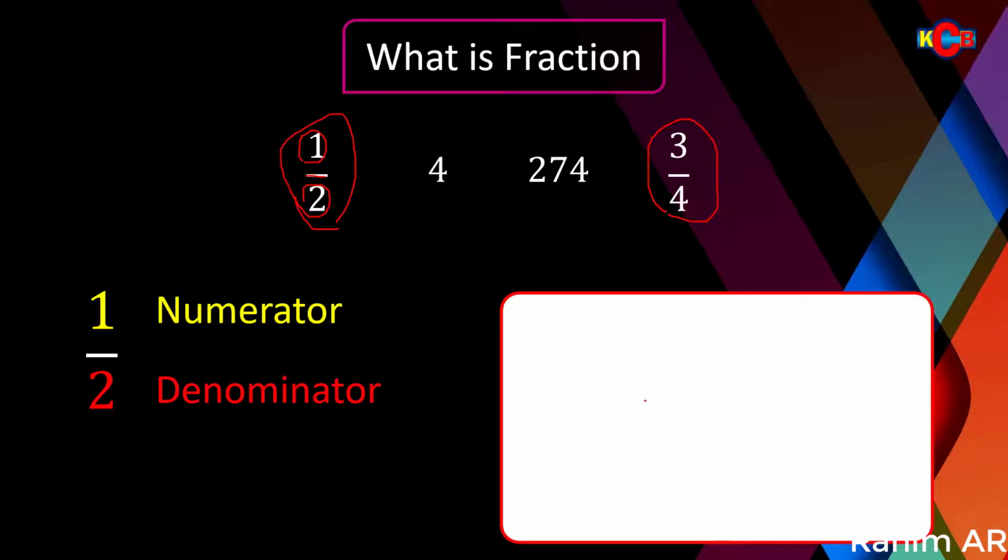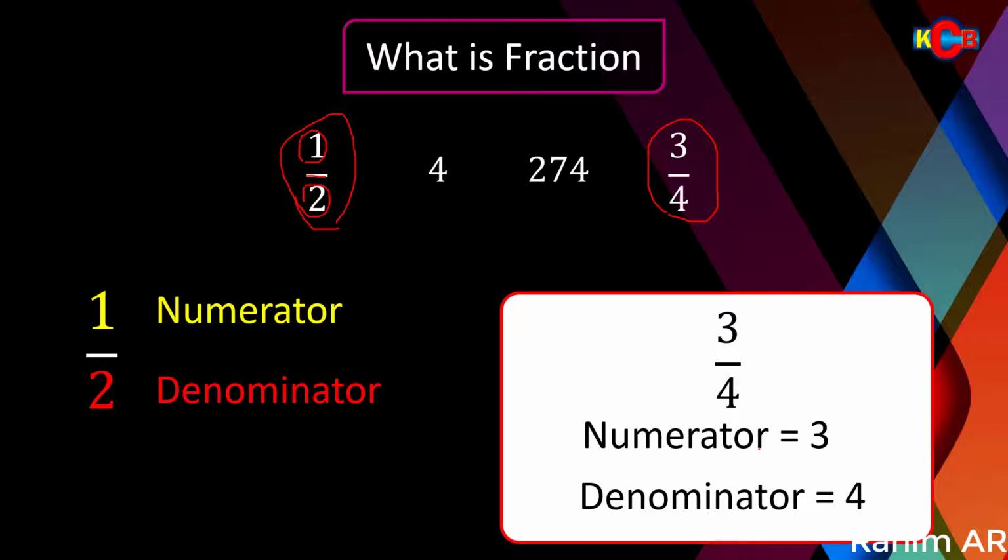Look at this example. We have 3 and 4. Can you identify what is the numerator and the denominator? For this fraction, the numerator is 3 and the denominator is 4.